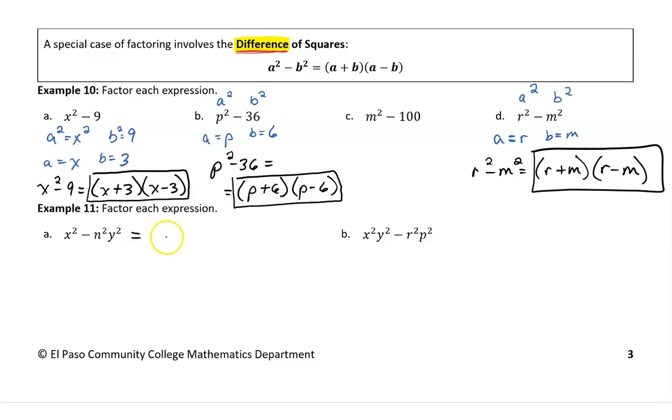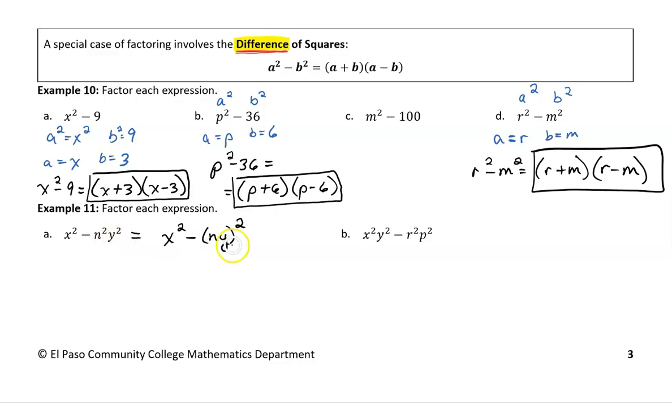Well, by the rules of my exponents here, if I needed to, I could rewrite this n squared y squared as n times y, squared. I can rewrite it in that way so that it matches the rule a little bit better. And in fact, if that's my b squared term, I can even see what the b value will be here.